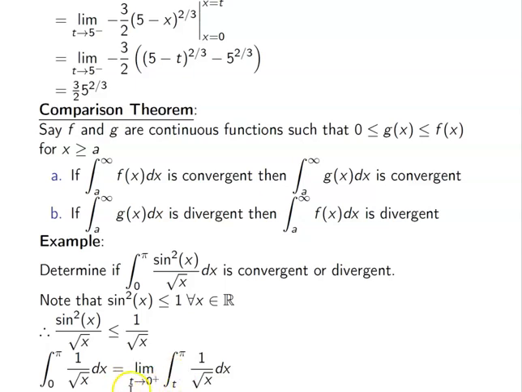So I would take a limit as t goes to 0, because the portion that's giving me problems is a zero on the bottom. It has an asymptote on one of its bounds, so I would have to approach t from the positive direction as a limit.